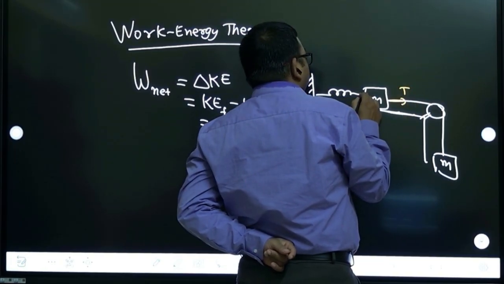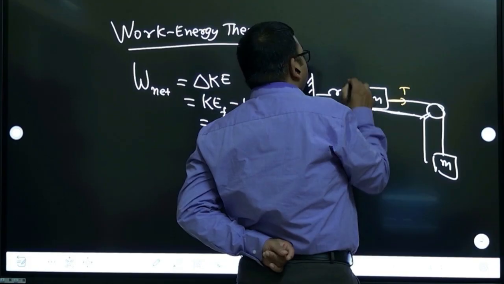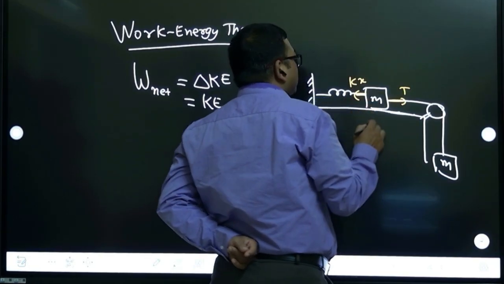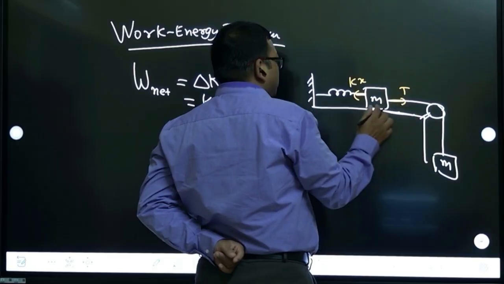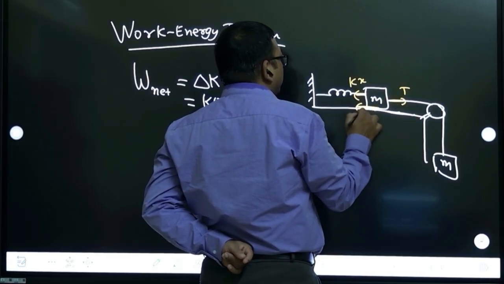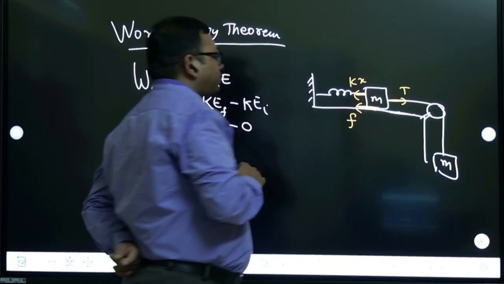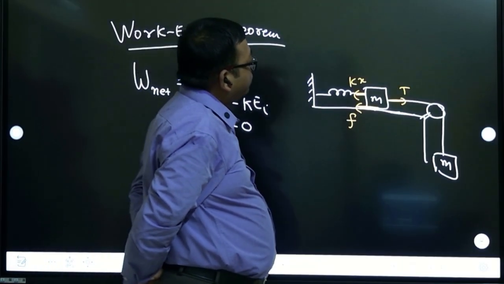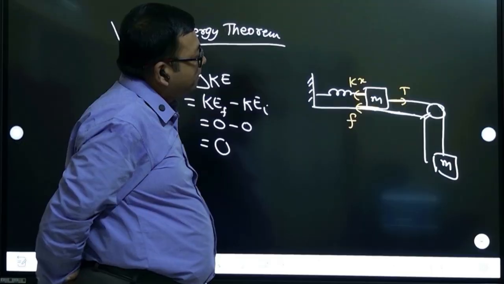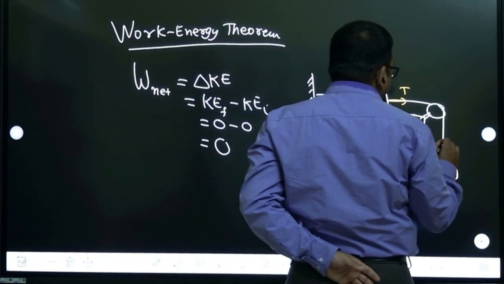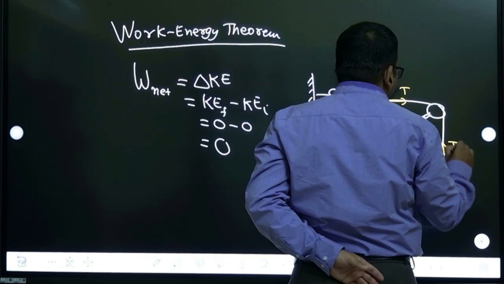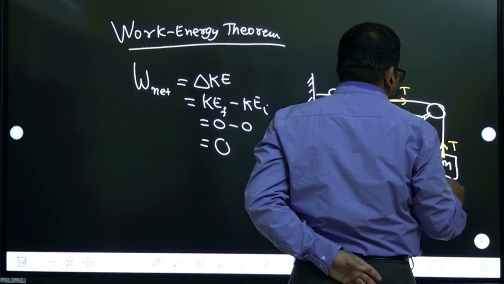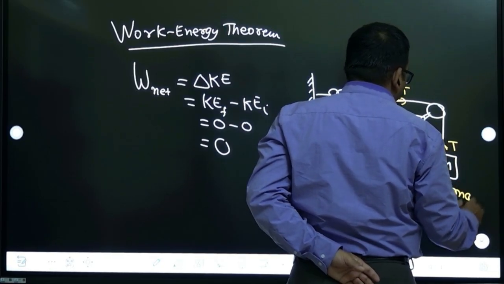And the spring force will be acting this way at an instant, kx, and as the body is moving this way, friction must be acting like this. On the second body, tension will be acting like this, and mg will be acting like this.